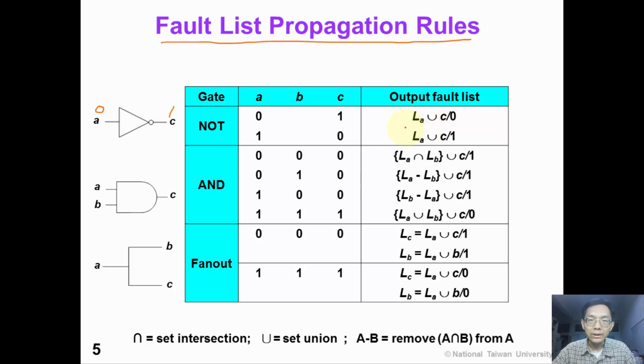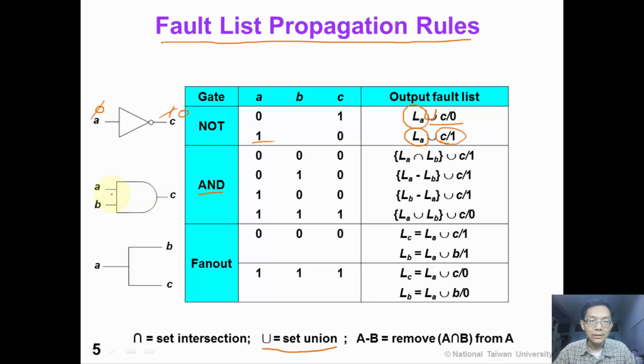The output fault list is equal to the input fault list LA plus the C stuck at 0 fault, because any fault that flips the value of A can also flip the value of C. Similarly, when A is 1, the output fault list is equal to LA union the C stuck at 1 fault. In our notation, this symbol represents a set union.